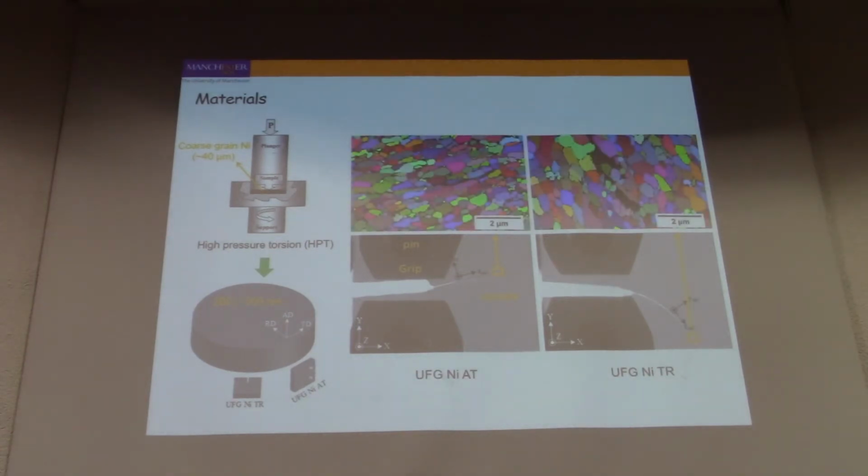So we observed the grain elongation for both cases. So the crack for both cases tends to propagate along the elongation direction. So does this anisotropic microstructure have an effect on the fatigue overload behavior?